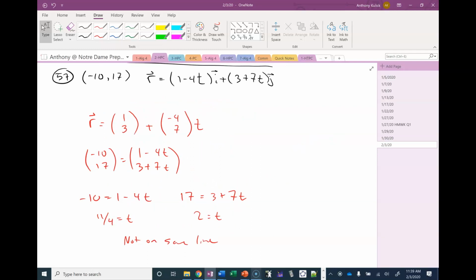Yeah. Again, all you have to worry about is you got an i, and then you got a j, and you do that for the point vector and then for the slope vector, right? That's basically all I'm doing.